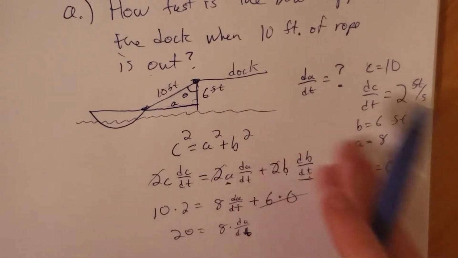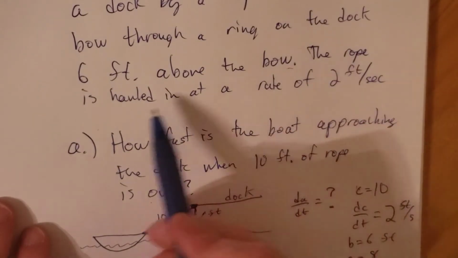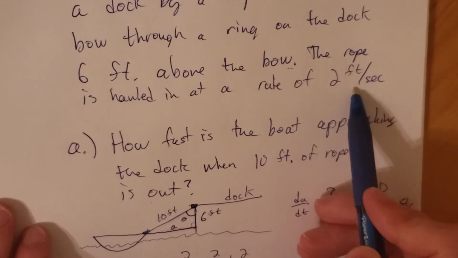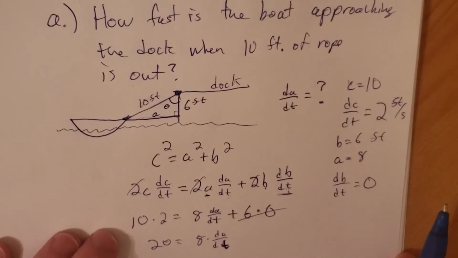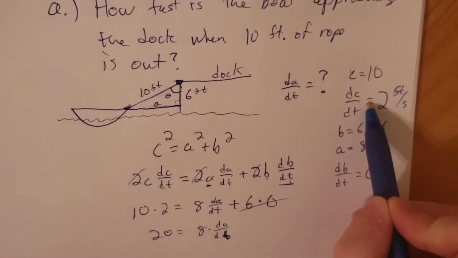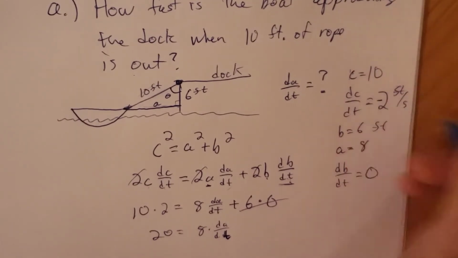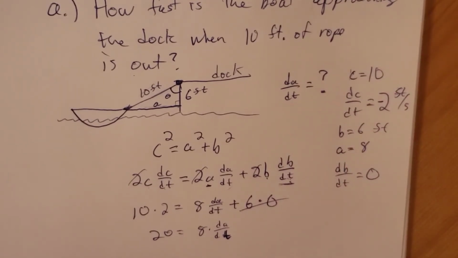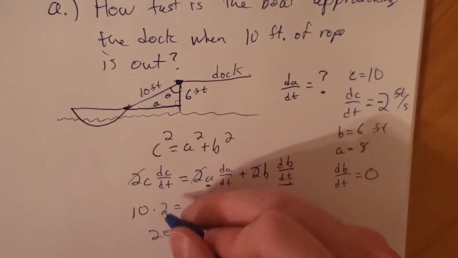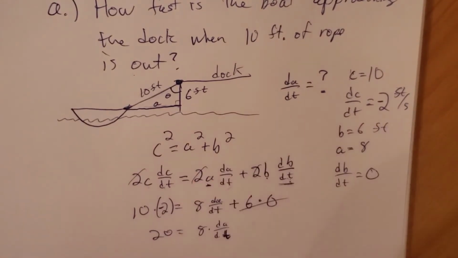We said earlier that the rope is hauled in at a rate of 2 feet per second. So this dC/dt is actually negative 2 feet per second. So this value right here should have been a negative 2 when I plugged that in. Why is that?